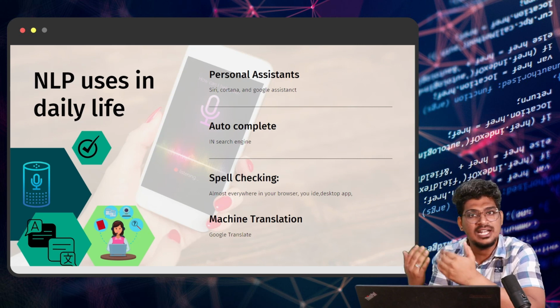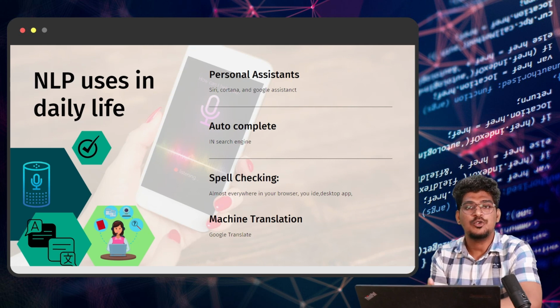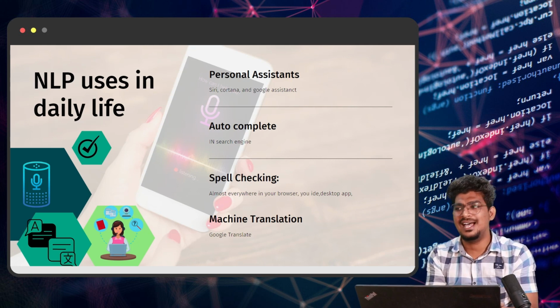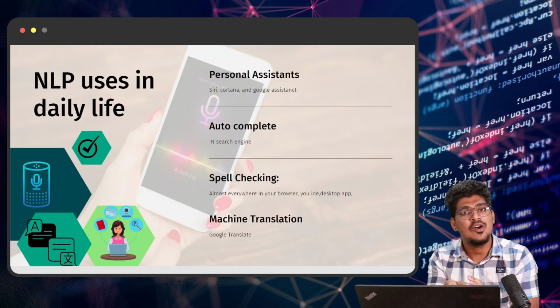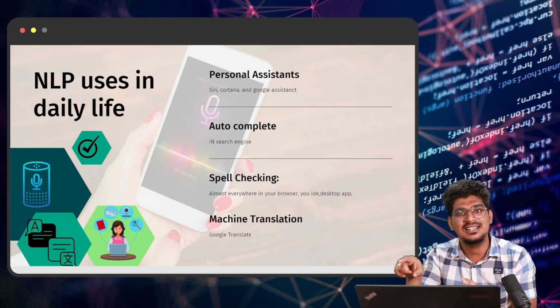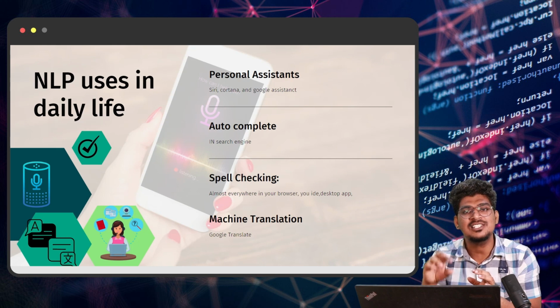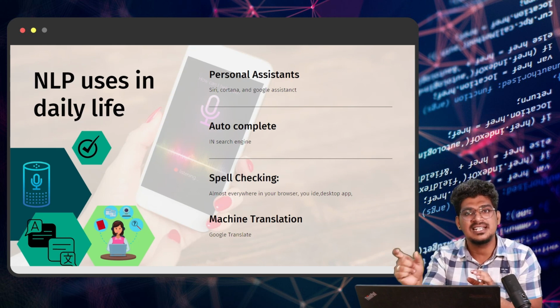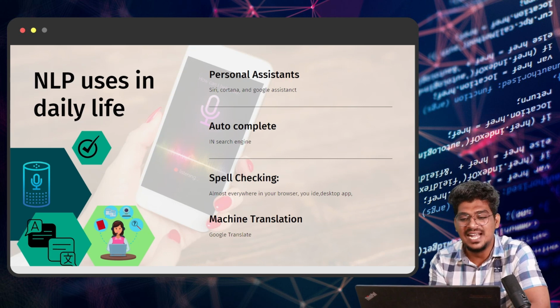For example, offline, in Word and PPT, that means PowerPoint, when you enter a word that is not correct spelling, automatically it will be marked with a red underline. When you right click, automatically the correct word will appear. So that is spell checking.